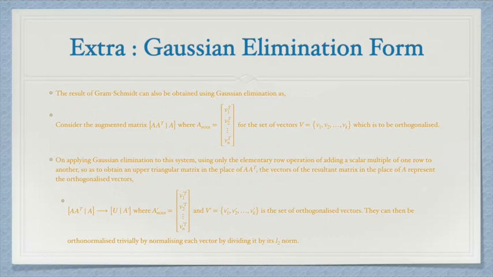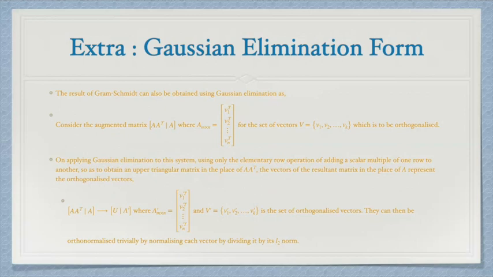On applying Gaussian elimination to the augmented matrix A A transpose concatenated with A, using only the elementary row operation of adding a scalar multiple of one row to another, we obtain an upper triangular matrix in the place of A A transpose. The vectors of the resultant matrix in the place of A represent the orthogonalized vectors.